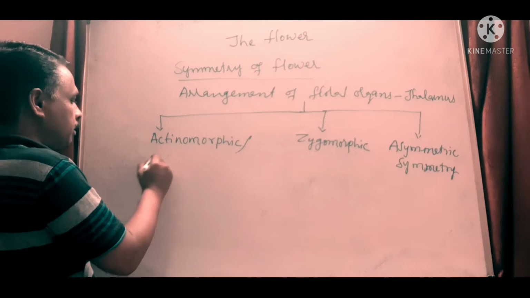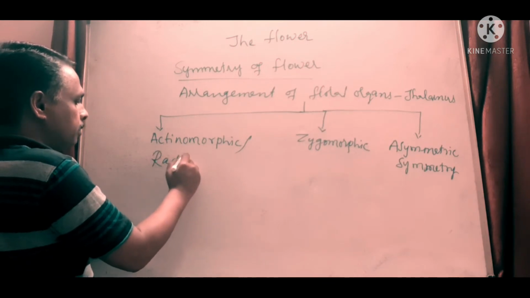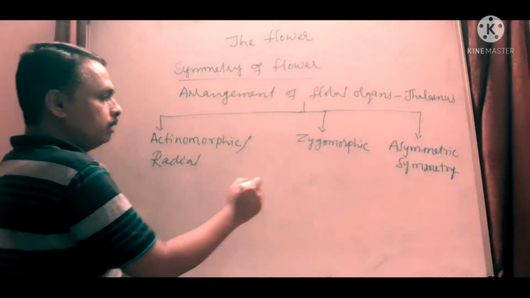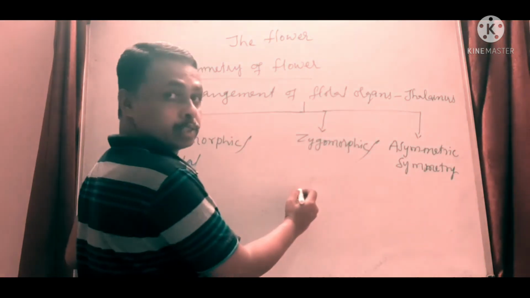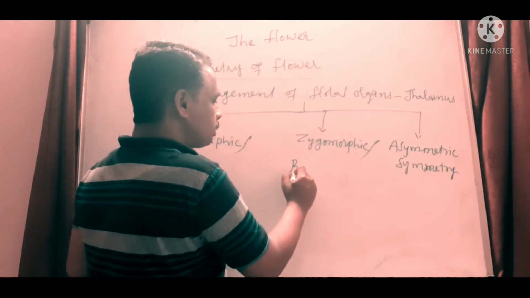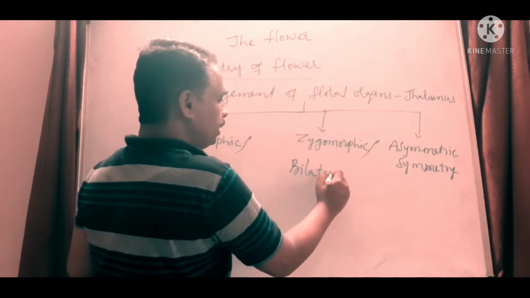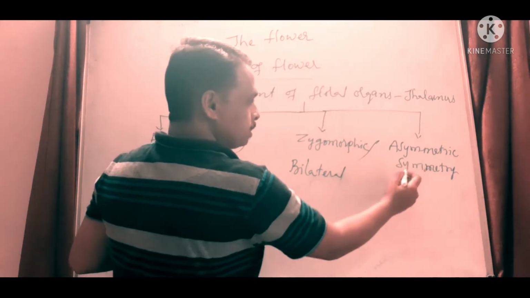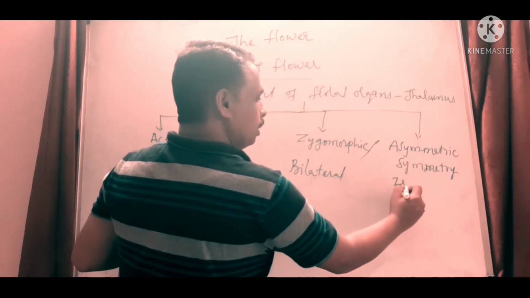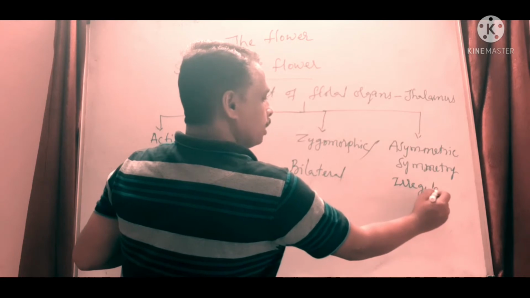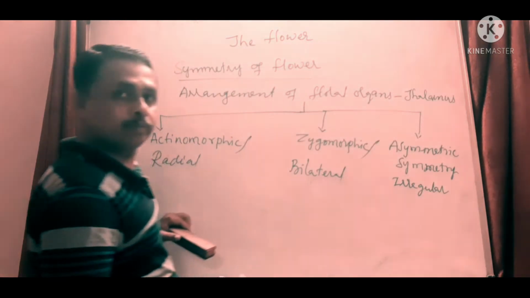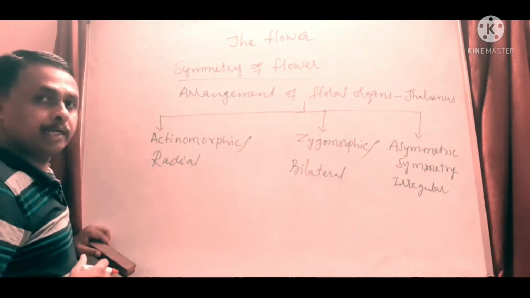Actinomorphic symmetry is otherwise called radial symmetry. Zygomorphic symmetry is otherwise called bilateral symmetry. Asymmetric symmetry is otherwise called irregular symmetry. These are the other terms for each category.